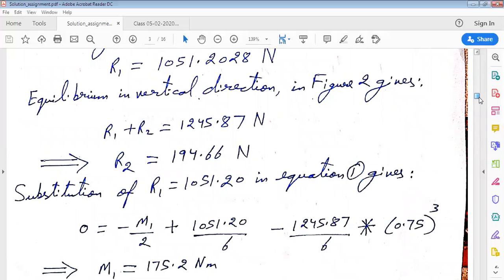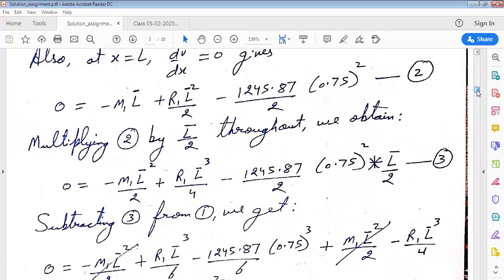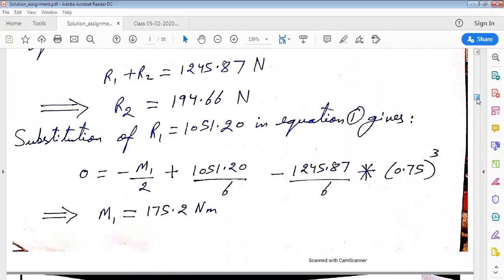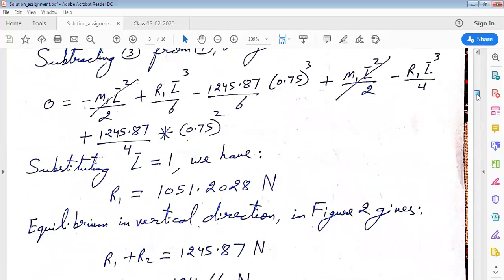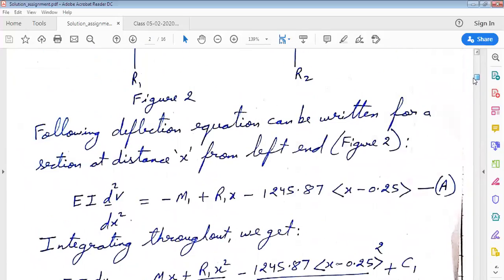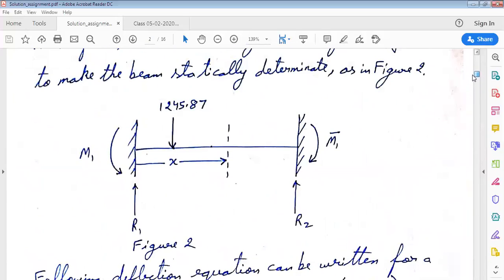And putting the value of R1 in equation 1, we get M1 equal to 175.2 Newton meter. So we have solved the reactions for this configuration.